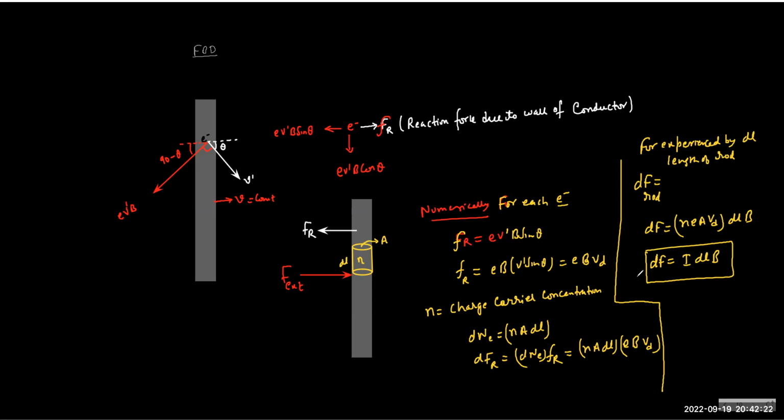Therefore it is the external force, which we don't see directly, that is responsible for doing the work and hence supplying the energy to the system. Understood? Yes, sir. So that is the basis of electromagnetic induction.